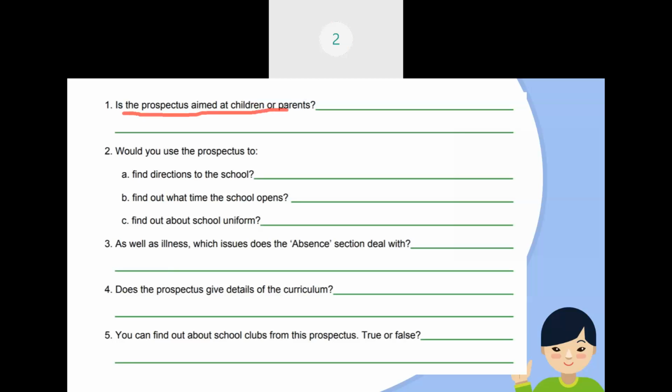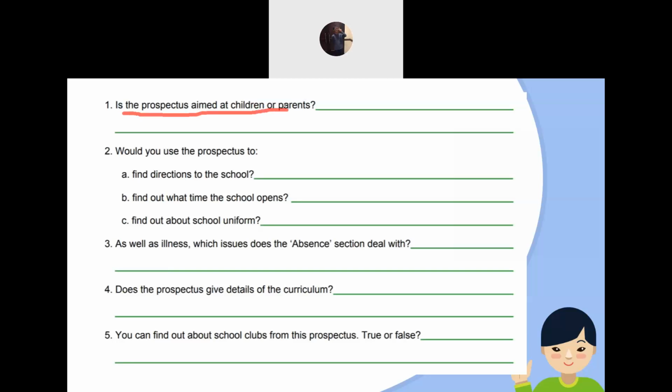You know what is a prospectus? Does anyone know what is a prospectus? Prospectus is like a catalog. Because this is a school prospectus, maybe I'm a parent and I do not know whether I want to enter this school or not.